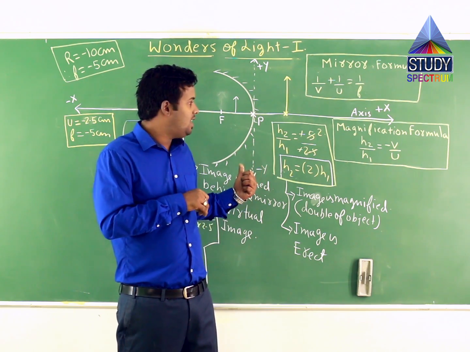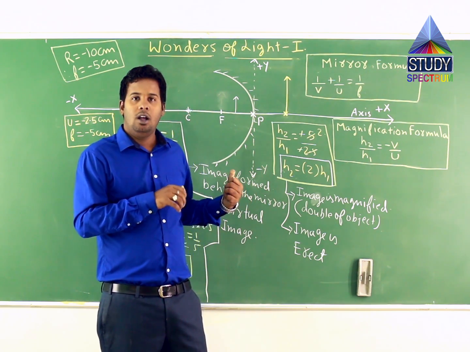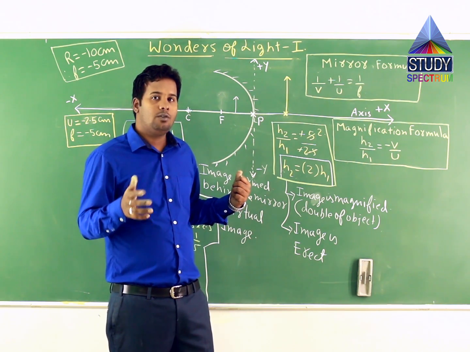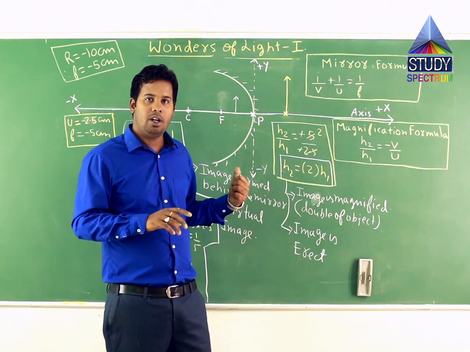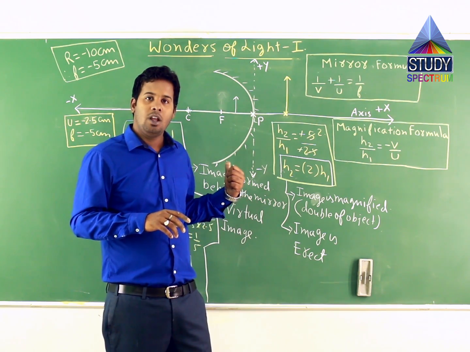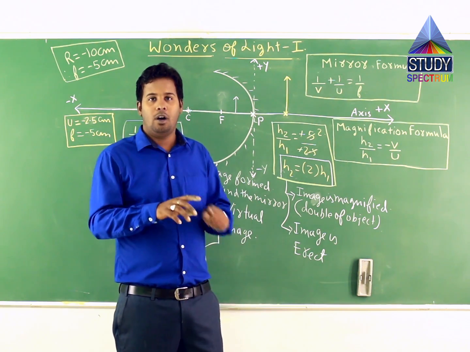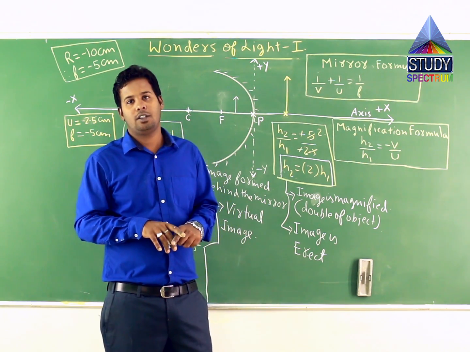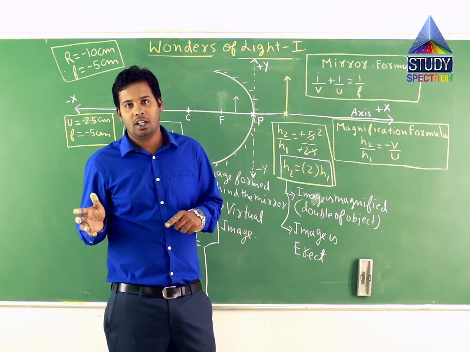Now, after seeing these cases of concave mirror, let us understand why there are only very few cases when the object is placed in front of a convex mirror, and how to solve them if the questions are based on theory of convex mirror, that is, data has not been given.